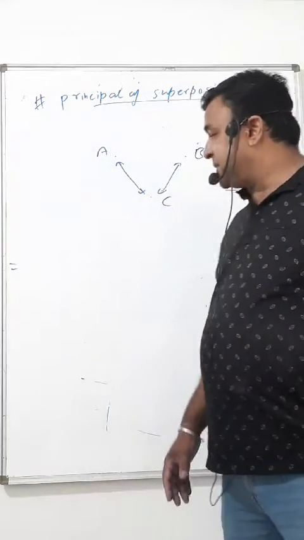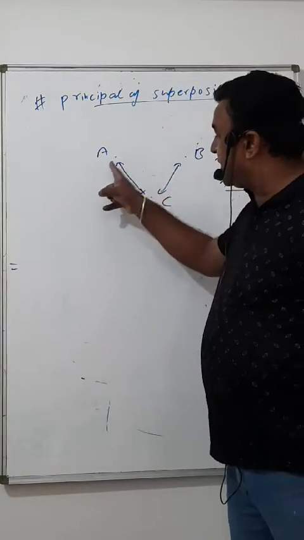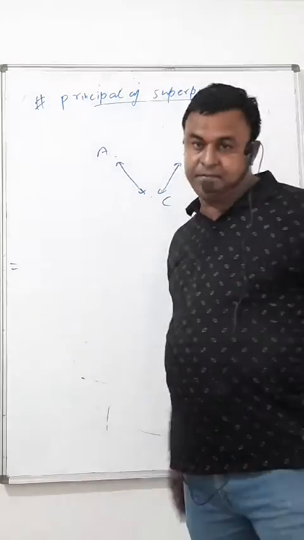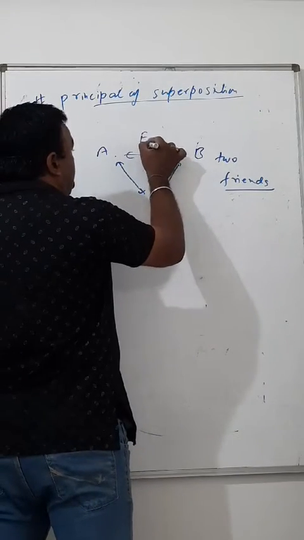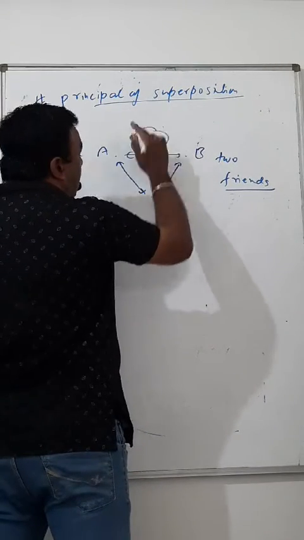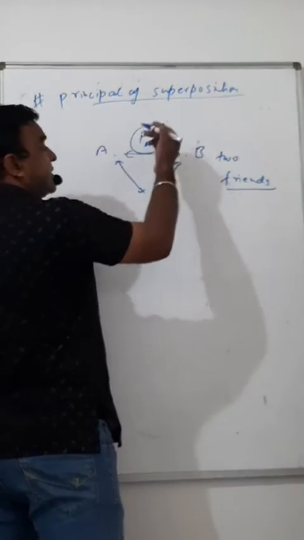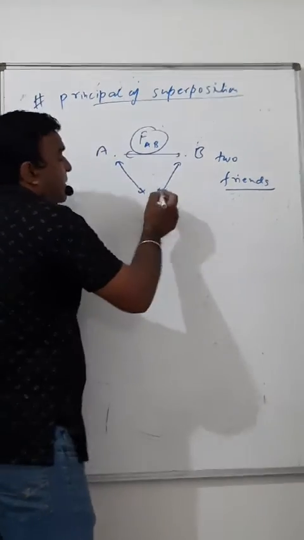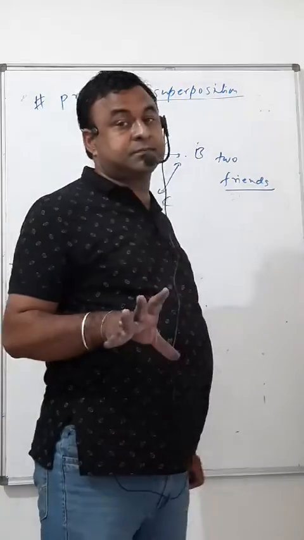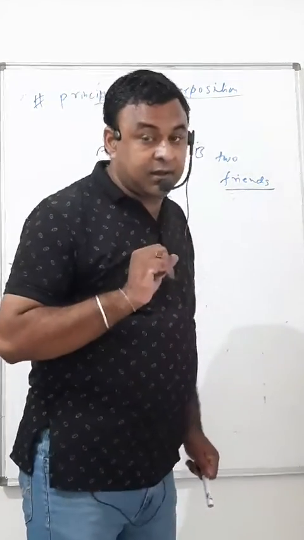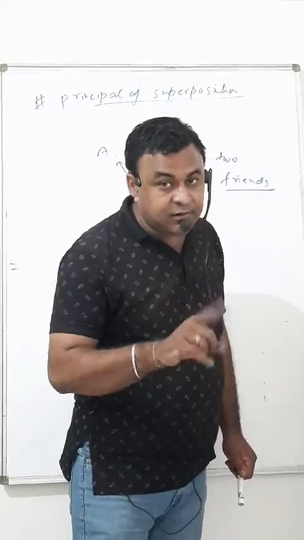So the presence of C affects the relation between A and B. I call it FAB. In the absence of C, it had another shape; in the presence of C, it now has another shape. So on human beings, this principle of superposition is not applicable.